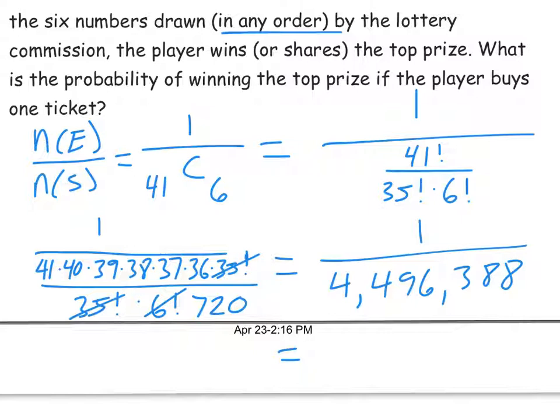Okay. If we wanted to see this number as a decimal, it would be 0.000000222. Okay. It's probability, so it's between 0 and 1, but it's not very likely, so it's a little bit closer on the 0 side of things.